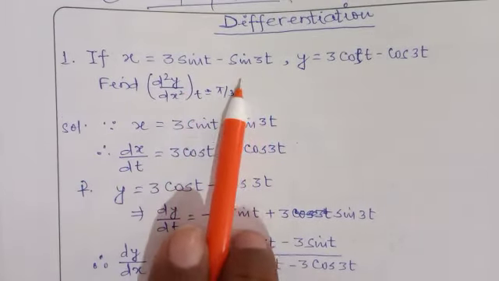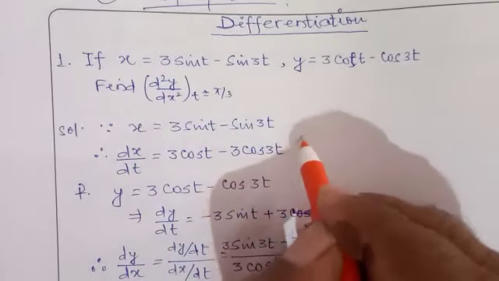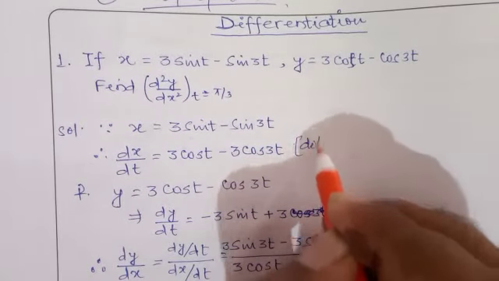x is equal to 3 sin t minus sin 3t. So first differentiate x with respect to t. You may write here, differentiate with respect to t.